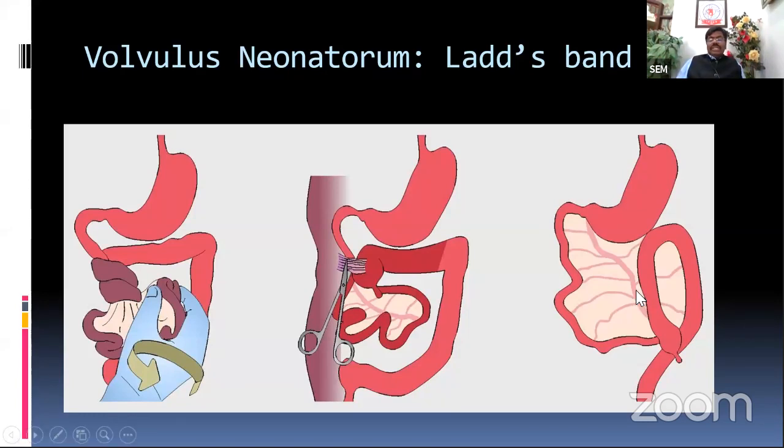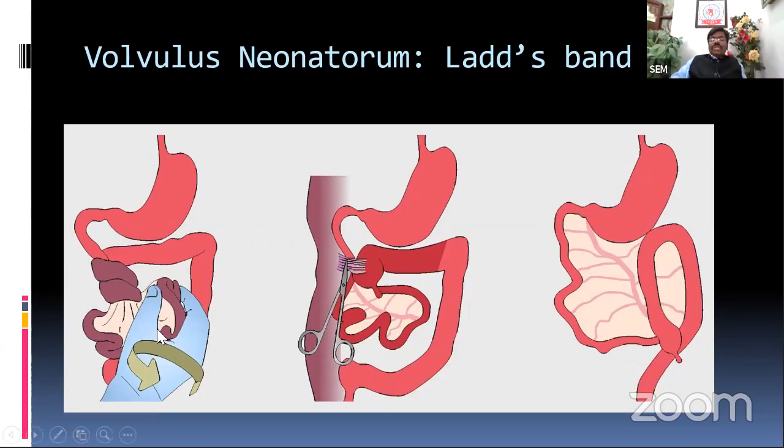You can't make a malrotated gut into a normal rotation, but at least you can put them all. Okay, all the small bowel stays for the rest of the child's life on the right side of the body, large bowel on the left side of the body. So be it.